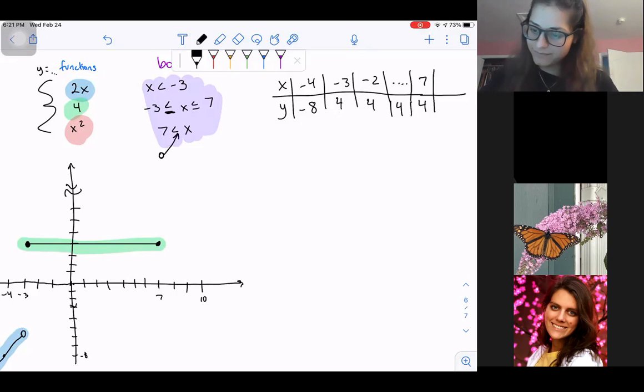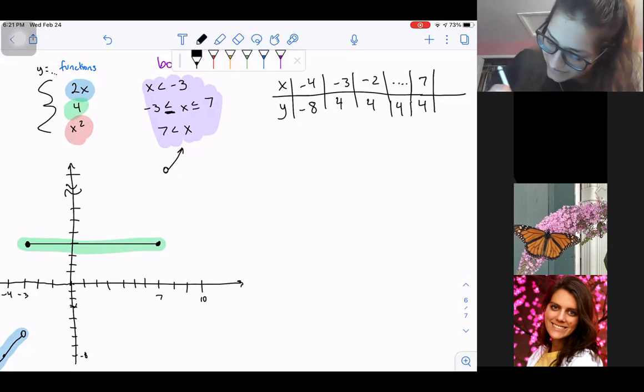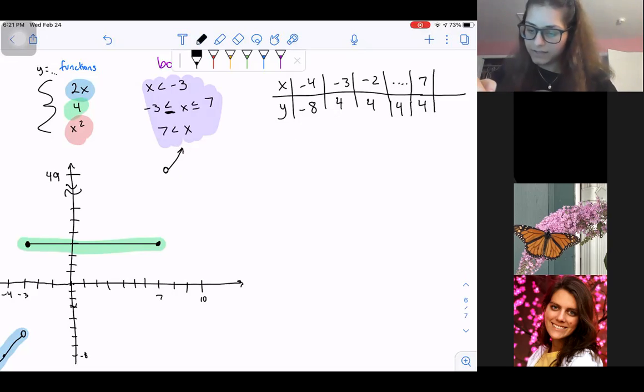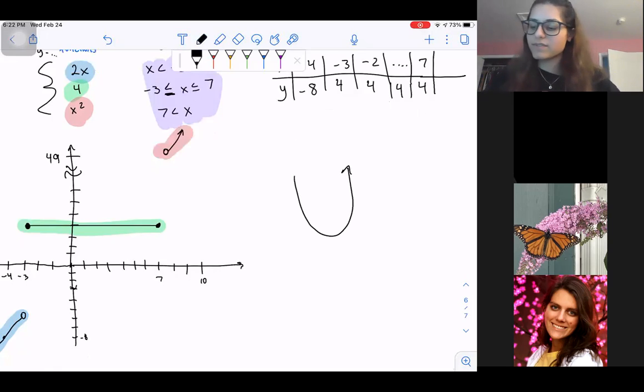Ooh, that was kind of dumb of me, my bad, guys. Okay, so at 49 and 7, we have an open circle, and that would be x squared. I know it kind of looks like that because x squared is a parabola, right? And so I'm just assuming that we're starting right here in the parabola and going that way.